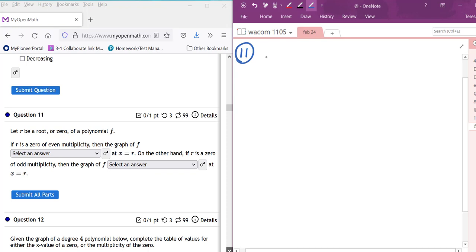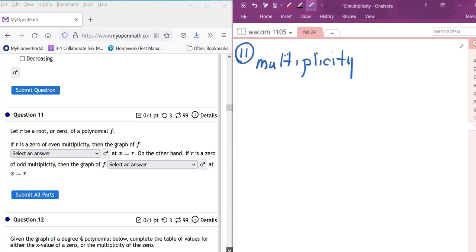So we're looking at multiplicity. Right? If r is a zero, so a root or a zero of even multiplicity, then the graph of f will touch and turn around at that point.